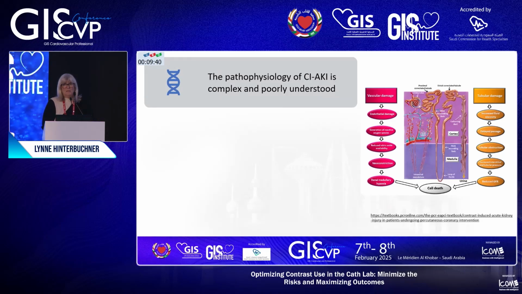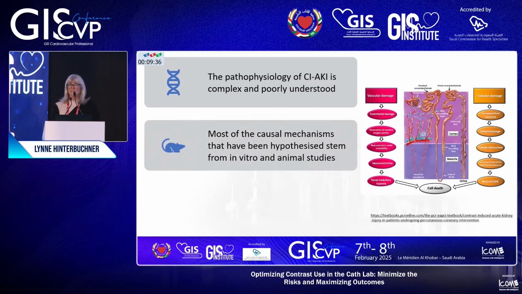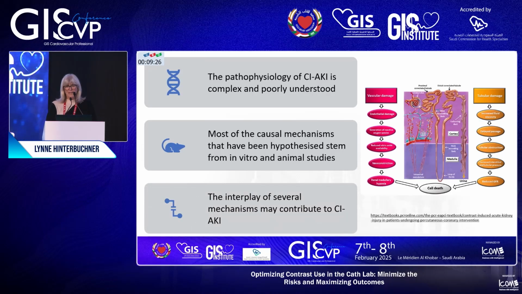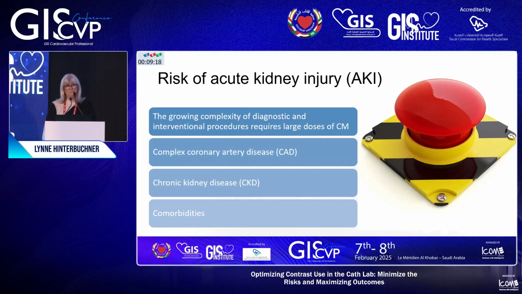And how do we know what's really happening? Well, it's really poorly understood, because most of the studies that have been done are on animals and in vitro. So we really don't know the exact cause or why injury happens to the kidneys. What you can say is that there seems to be an interplay between several mechanisms that contribute to the injury from contrast.